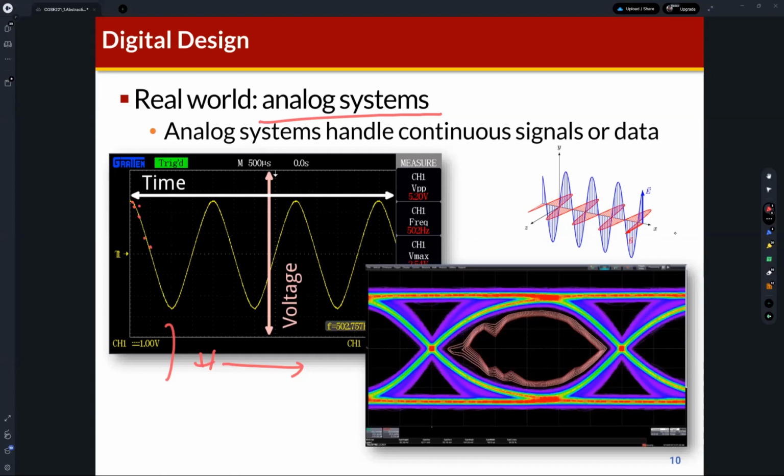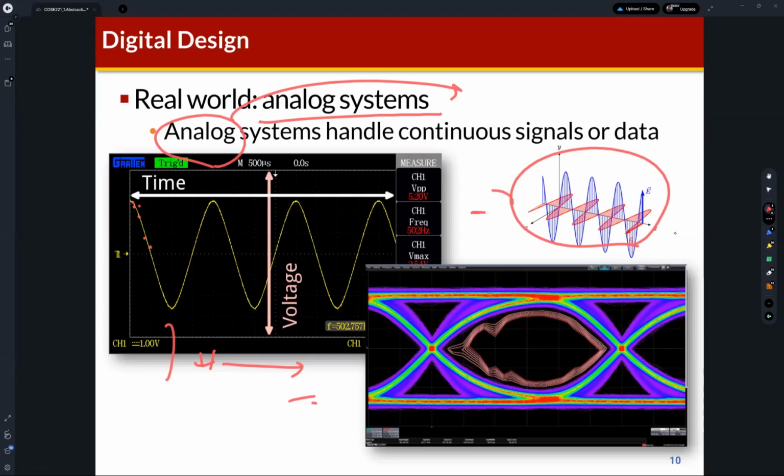This is the concept of the electromagnetic wave, and as you can see, every value and every level of the signal is continuous. So an analog signal means some levels or values of a signal change continuously by time. Continuous is the very fundamental term of the analog system. So an analog system just handles these analog signals.